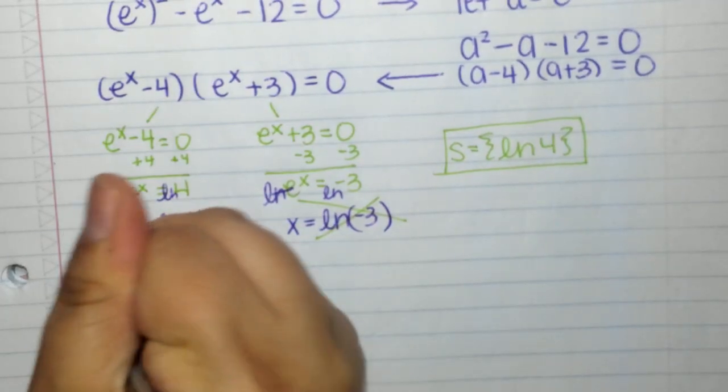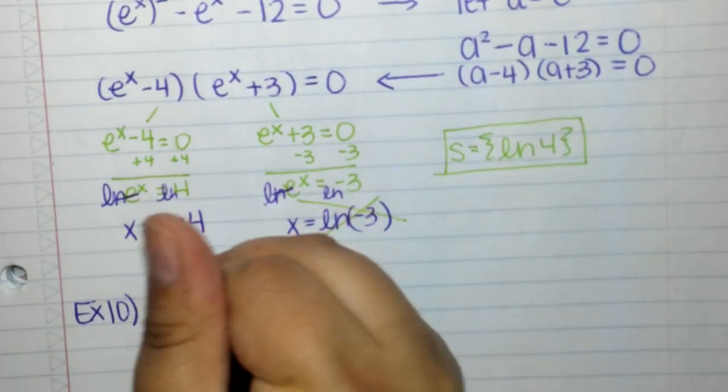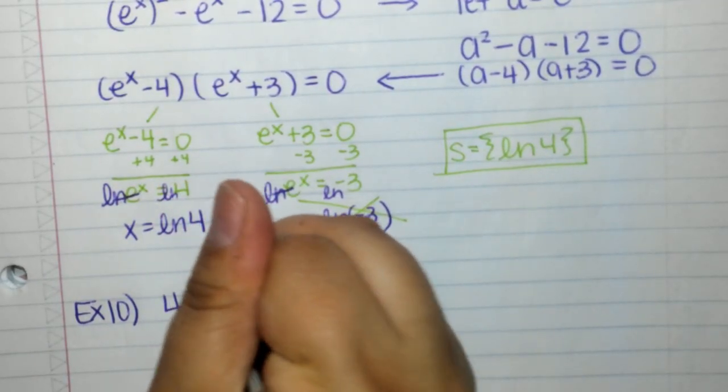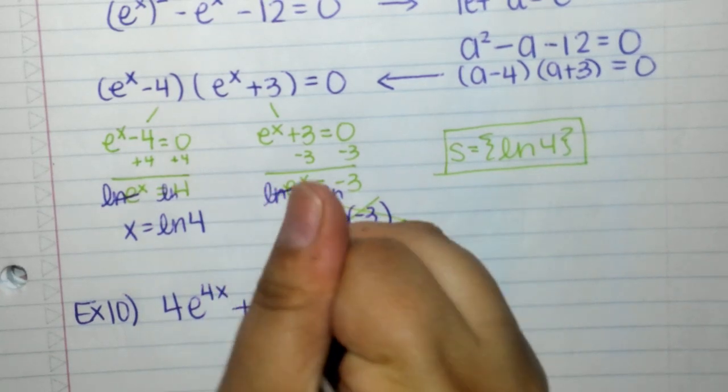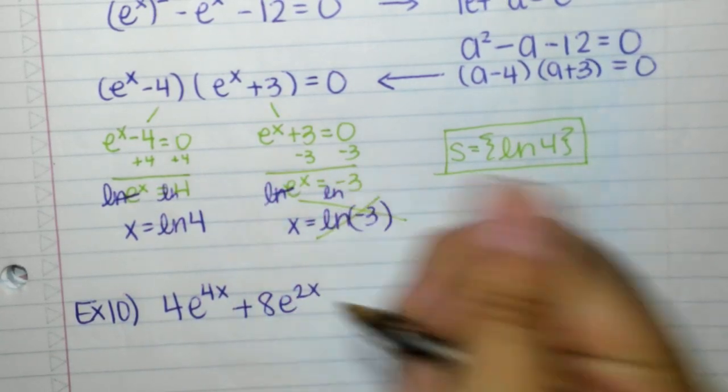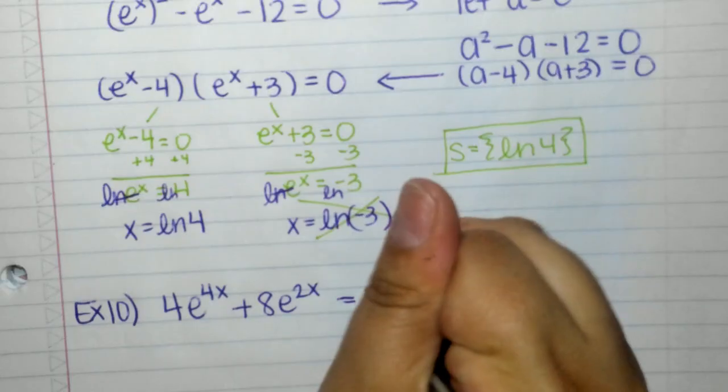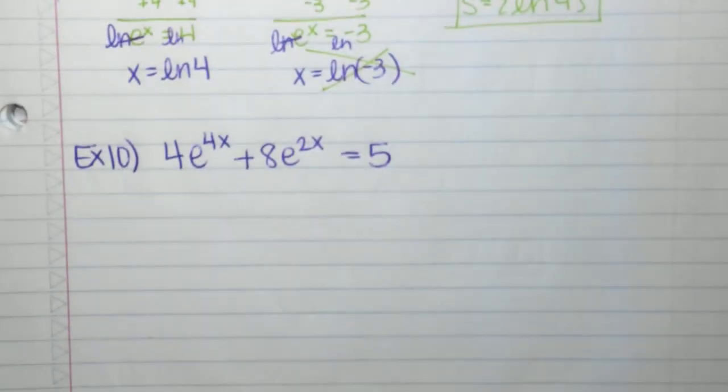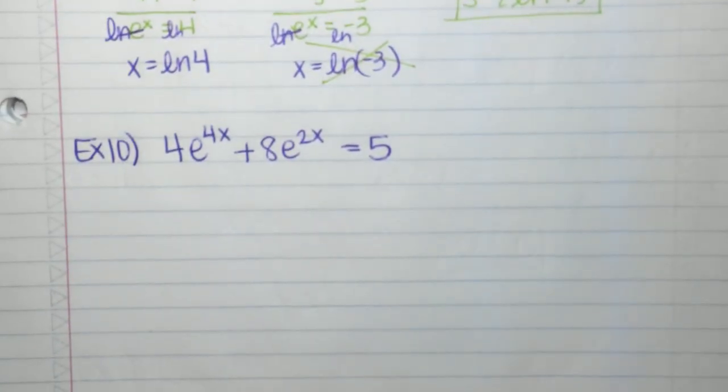Alright, last example we're doing today is 4e^(4x) plus 8e^(2x) equals 5. A is going to be what?